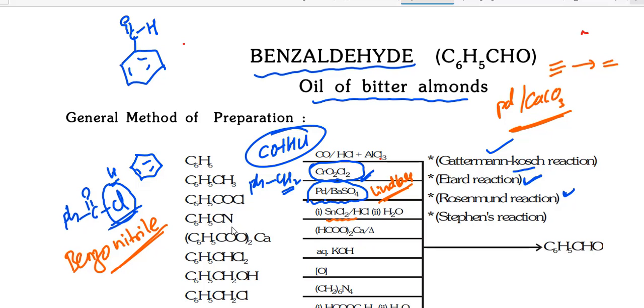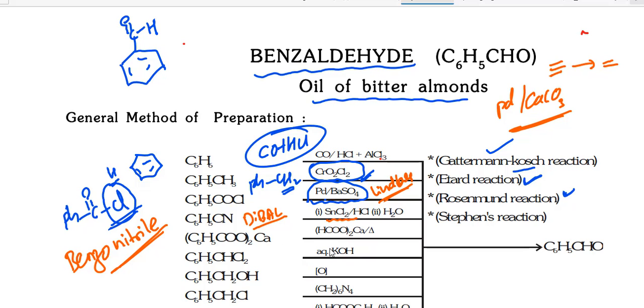We can also prepare benzaldehyde from benzonitrile by DIBAL, diisobutyl aluminum hydride. It is also converting into benzaldehyde.